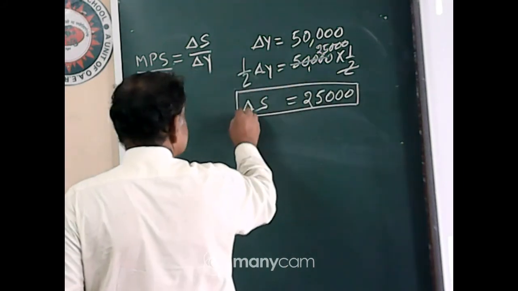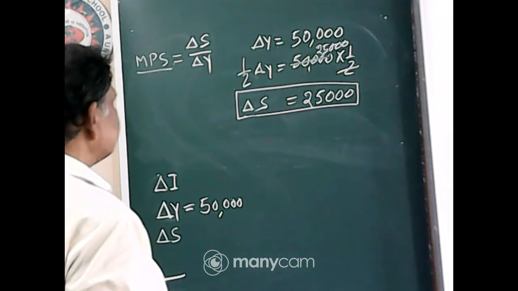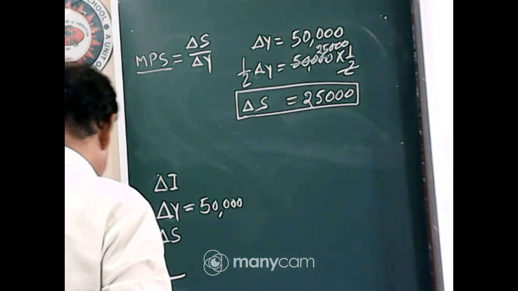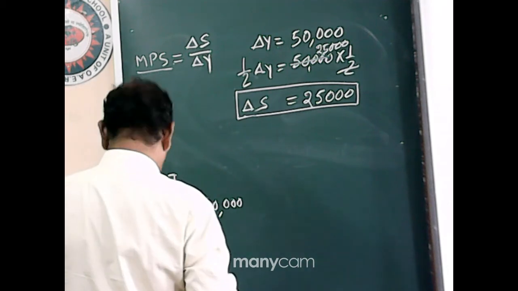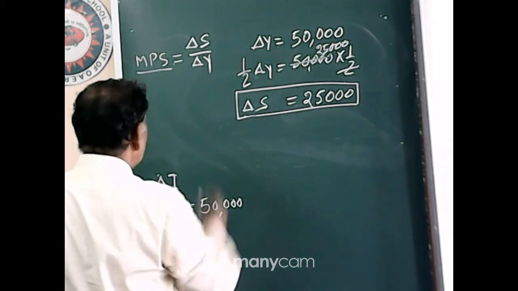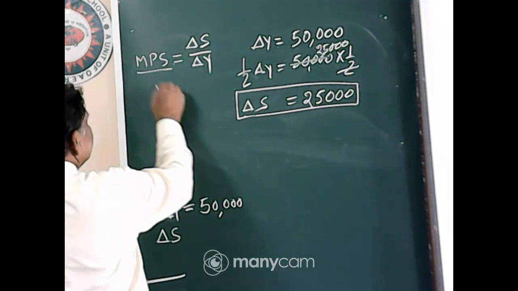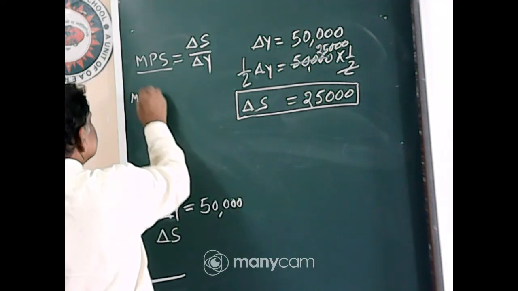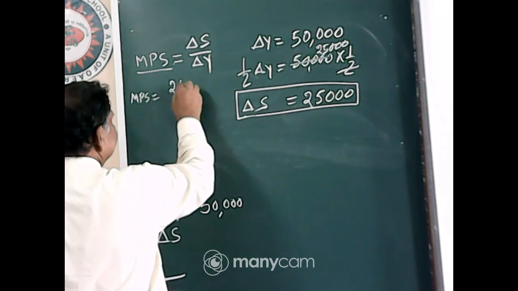Mark it please. Now delta S by delta Y, if I calculate this, then the value of MPS: delta S is 25,000, right?